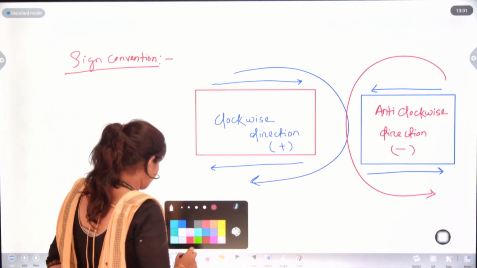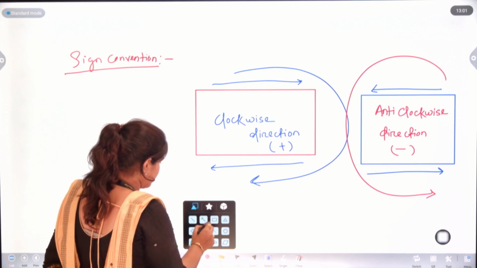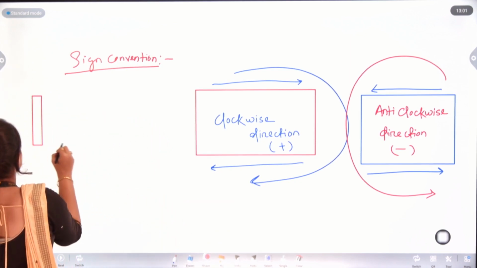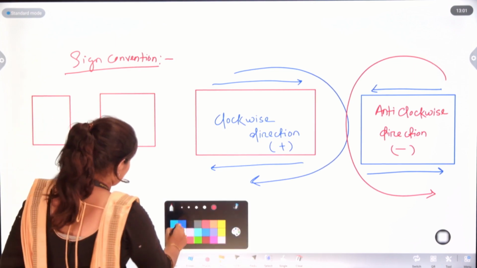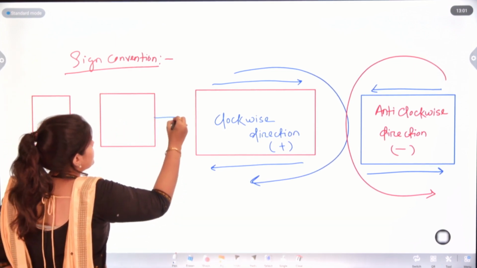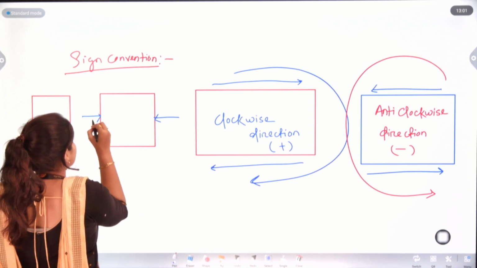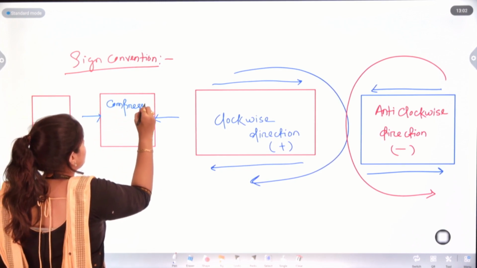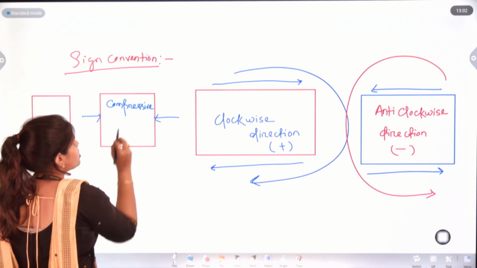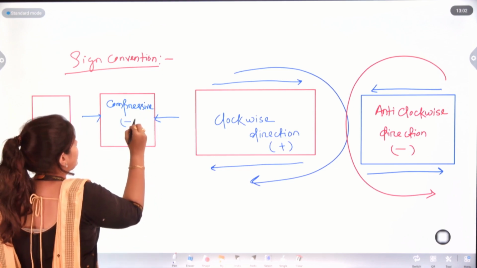Next thing is, in case of compressive stress and tensile stress. So if the stress is acting like this, compressive, then the force will always be negative.